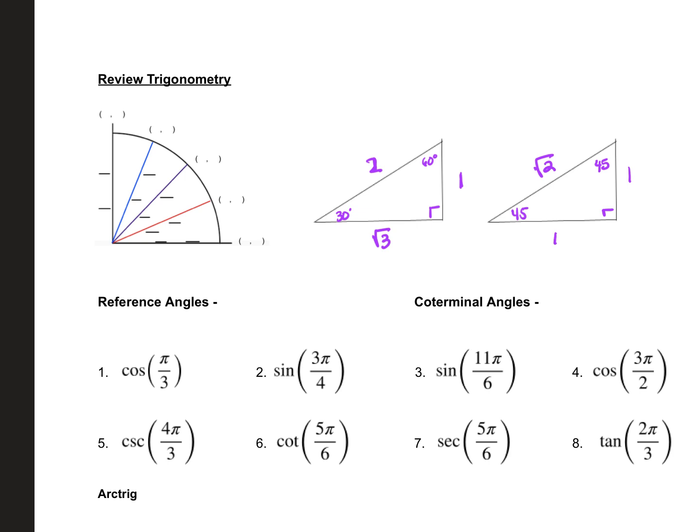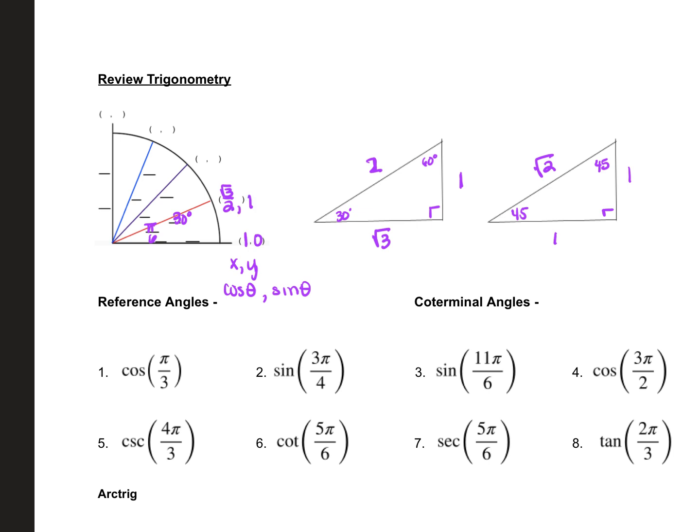Other people think about the unit circle, so remember this right here would be 1 and 0. Remember the x coordinate is cosine, the y coordinate is sine, so that would be cosine of that angle, and then sine of that angle. So this first one right here is pi over 6, or 30 degrees, and that is always going to be root 3 over 2 and 1/2.